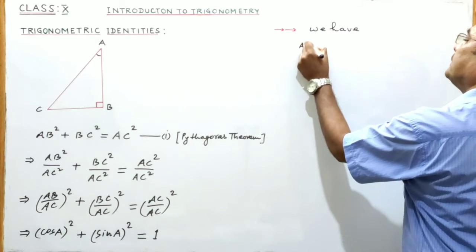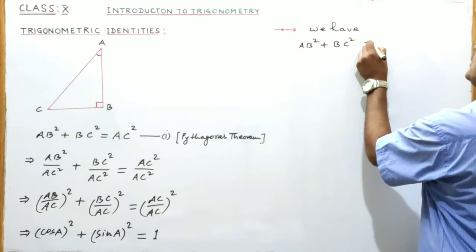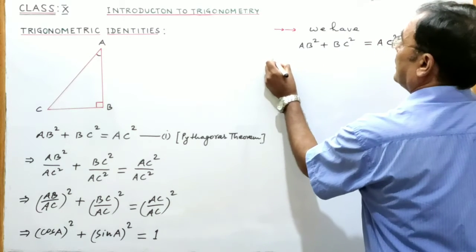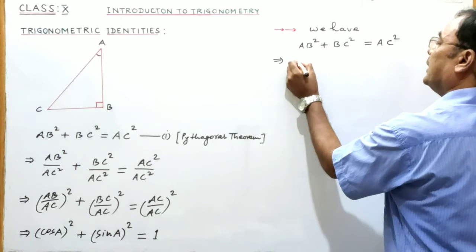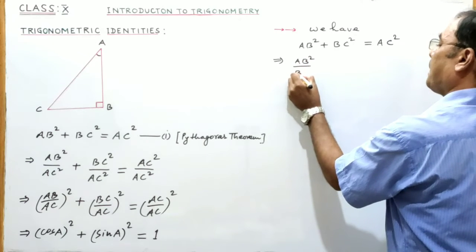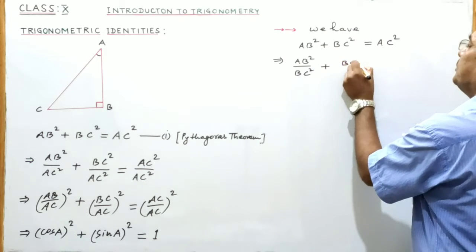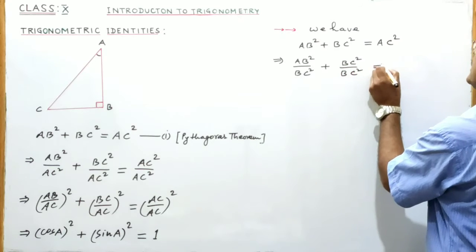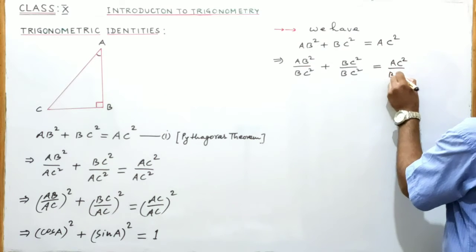So dividing this equation number 1 throughout by BC square, we have AB square by BC square plus BC square by BC square equal to AC square by BC square.